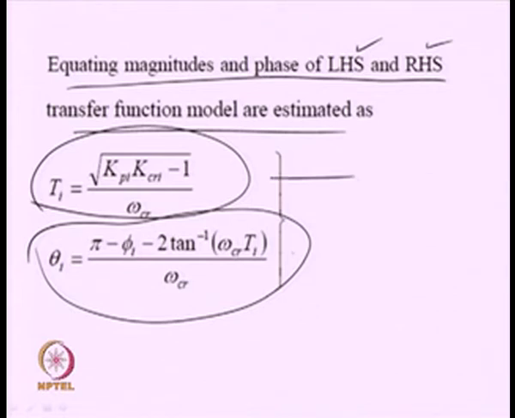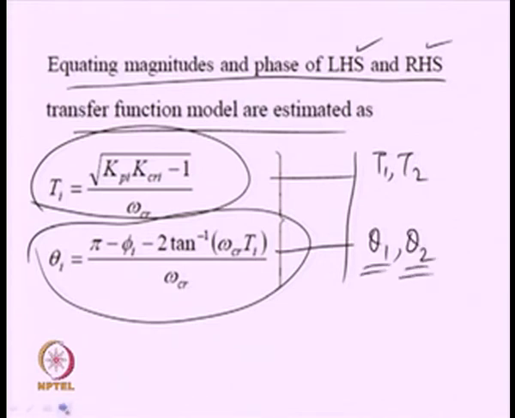So, these are the two formulae associated with the estimation of parameters of the transfer function models. With the substitution of KPI, KCRI, ωCR, it is possible to estimate T1 and T2, and from the bottom one also the estimated values for θ1 and θ2.